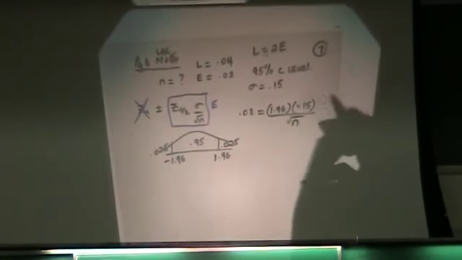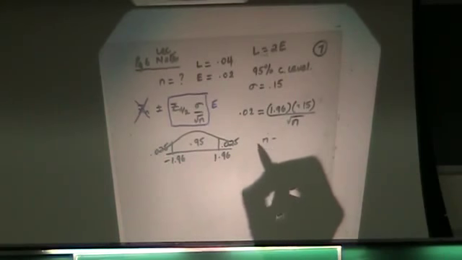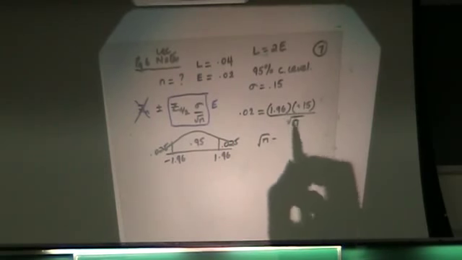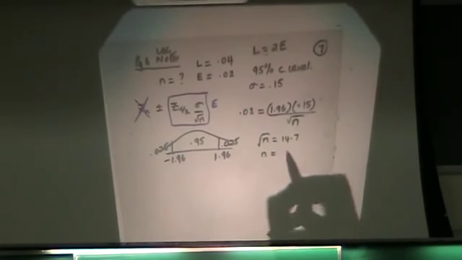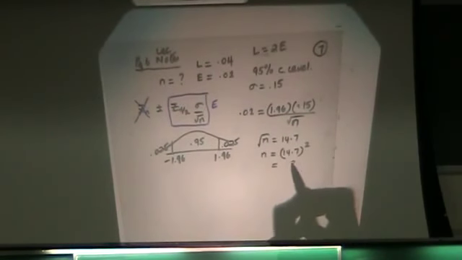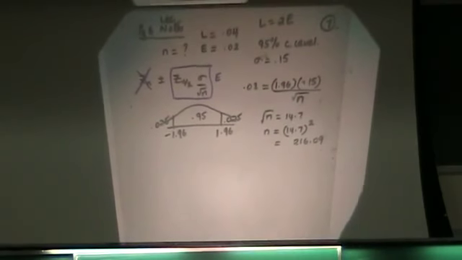And then you solve this mess and you get root n equals 14.7. And then you square it and you get 216.09. So the minimum n necessary is 216.09.